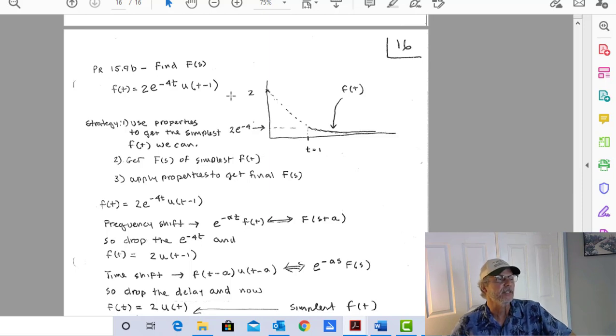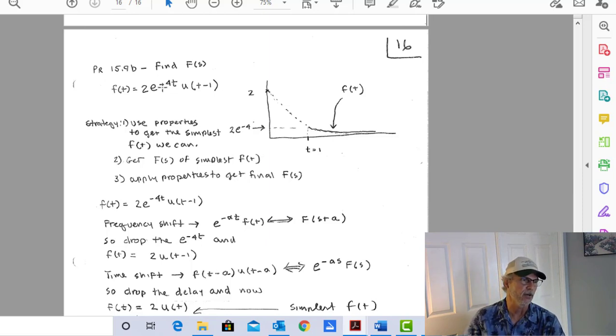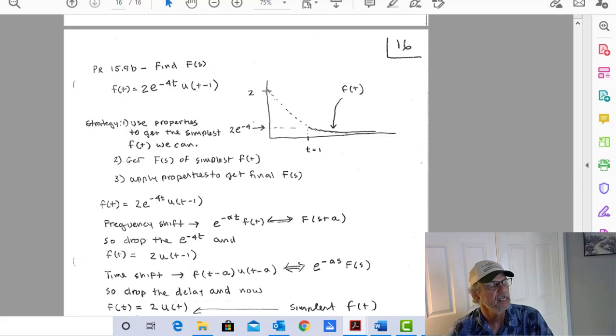And it's easy to plot because if I didn't have the u of t minus 1, then I could just plot 2e to the minus 4t. And I'll say that at 0, obviously that's going to be 2, so I'm going to put a 2 up here. And then I'm going to go down to get the value at t equals 1.